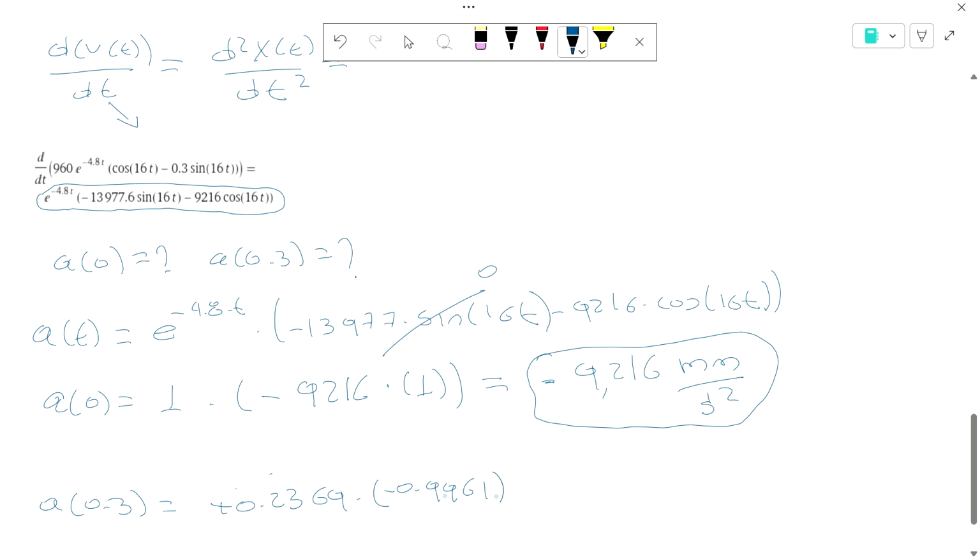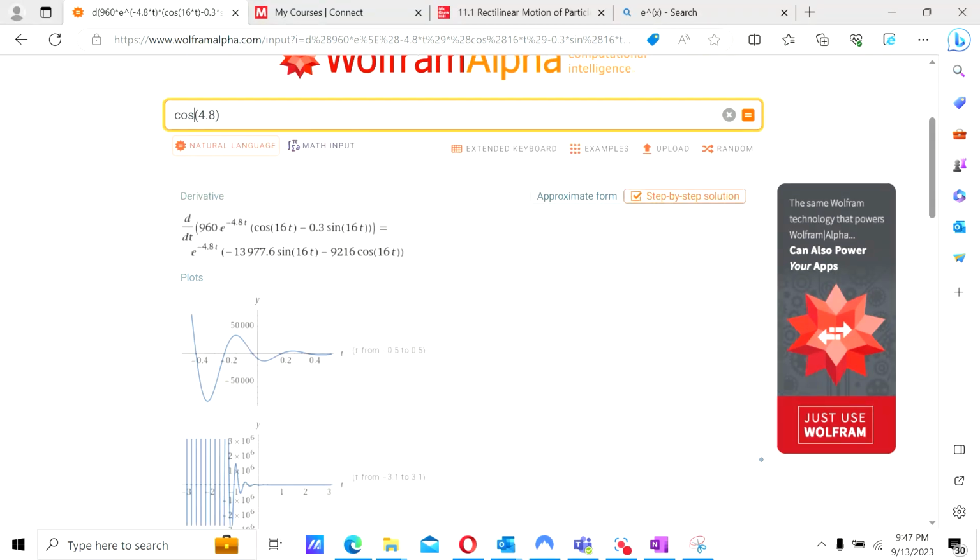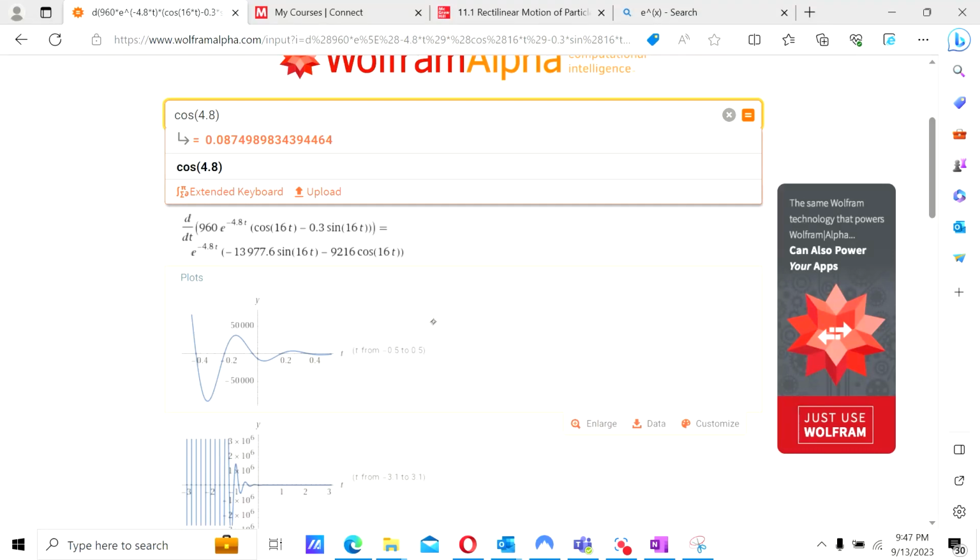That multiplies negative 13,977. Now we have another negative, and in this case we have 9216 that multiplies cosine of 4.8, and cosine of 4.8 is 0.087.